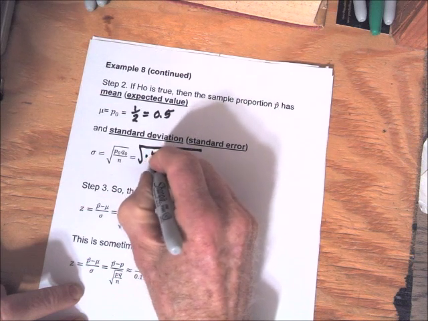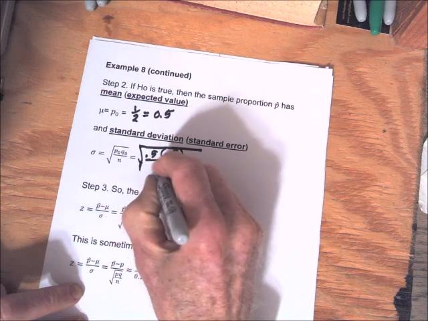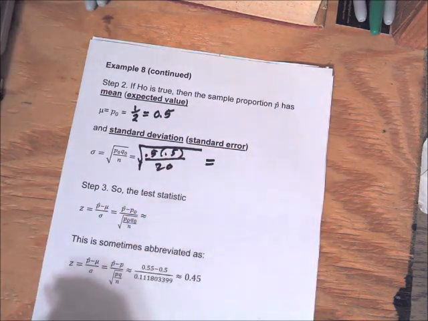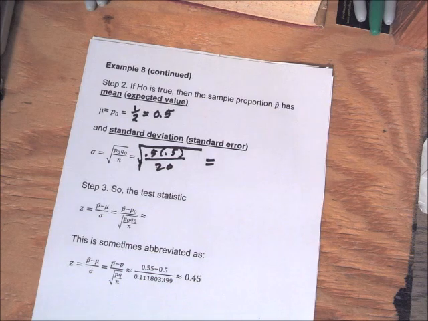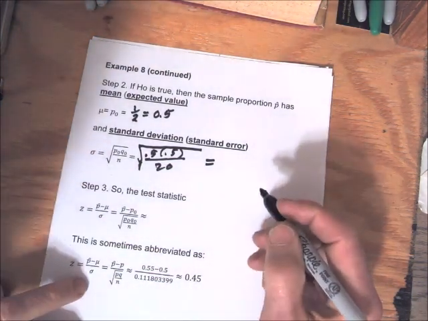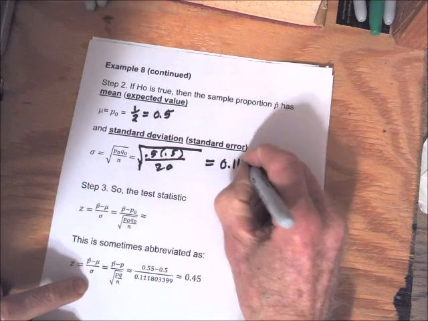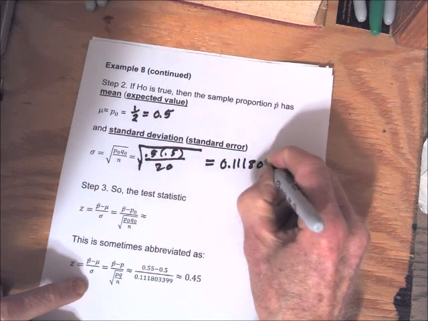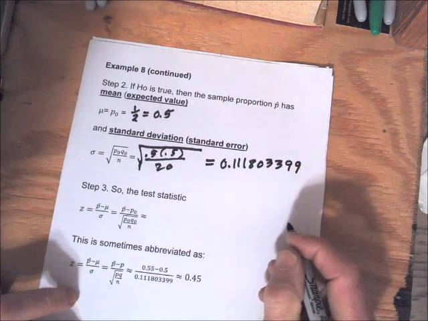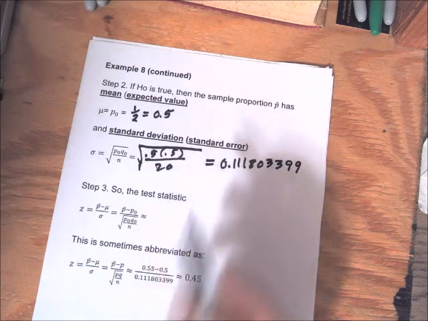That's 0.5 times 0.5 divided by 20. We can put those into the calculator, and that comes out to be 0.111803399. We do the square root key and then 0.5 times 0.5 divided by 20.